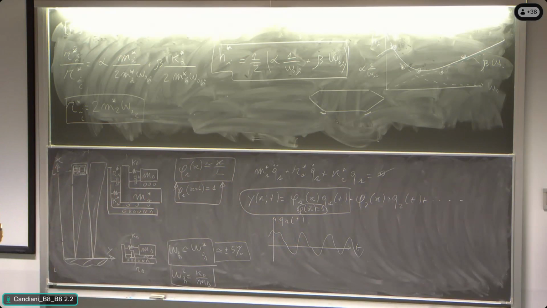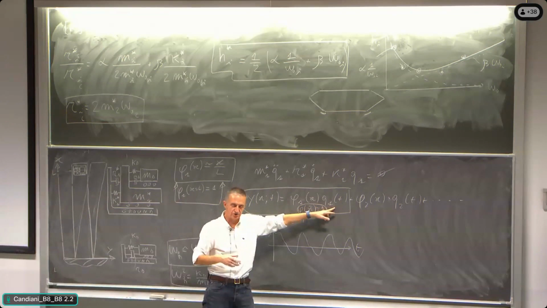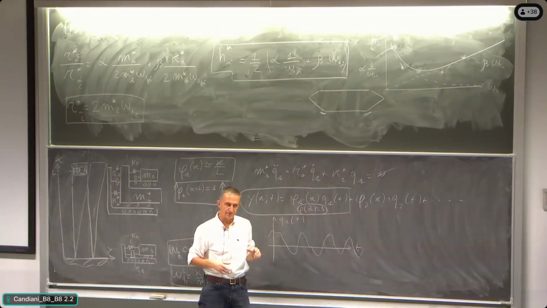So the normalization of the mode shapes is extremely relevant in the real world, in the practical world, because with the normalization we are deciding in which way we are speaking about the structure, and what is representative of the motion described by the principal coordinate.